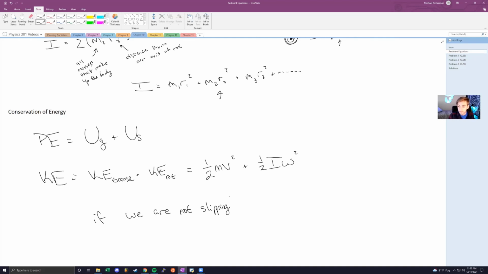So if it does not do that, then it holds that our angular velocity will be equal to our tangential velocity divided by our radius.